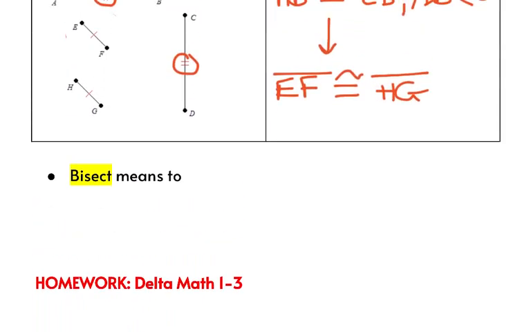And lastly, a little bit of vocabulary before we wrap up this section. To bisect something means to cut it in half basically, or into two equal or congruent lengths. So let's say two equal pieces.